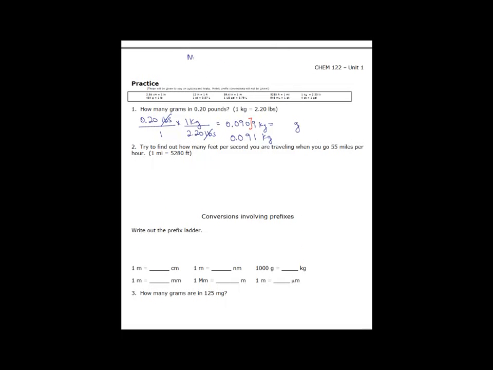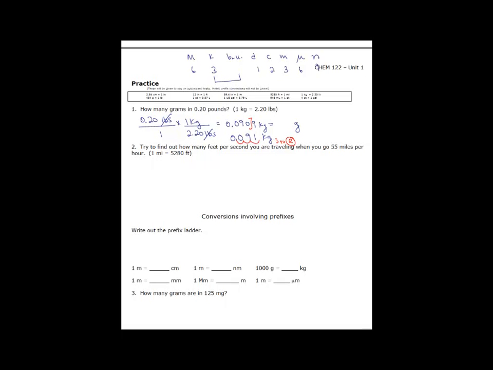So I can use the prefix ladder. So I have mega, kilo, base unit, deci, centi, milli, micro, nano. So this is 6, 3, 1, 2, 3, 6, 9. Okay, so I need to get from kilo to grams, so I need to move this decimal 3 to the right.